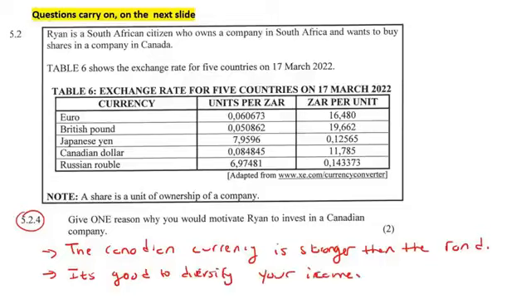It means that if all of your income is only South African, then if something happens in South Africa, where maybe something bad happens, or certain big companies go bankrupt or whatever, and because all of your money was coming from South Africa, suddenly your income is going to be affected.